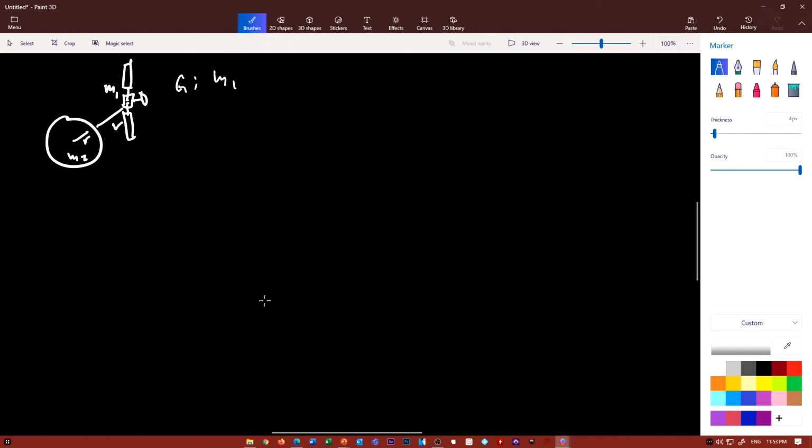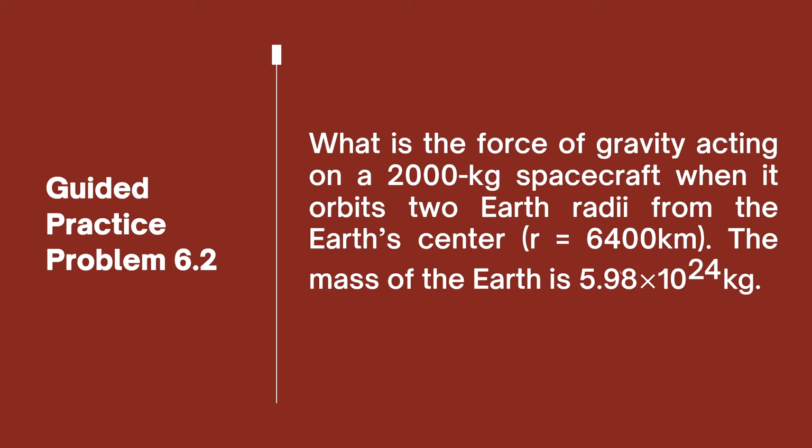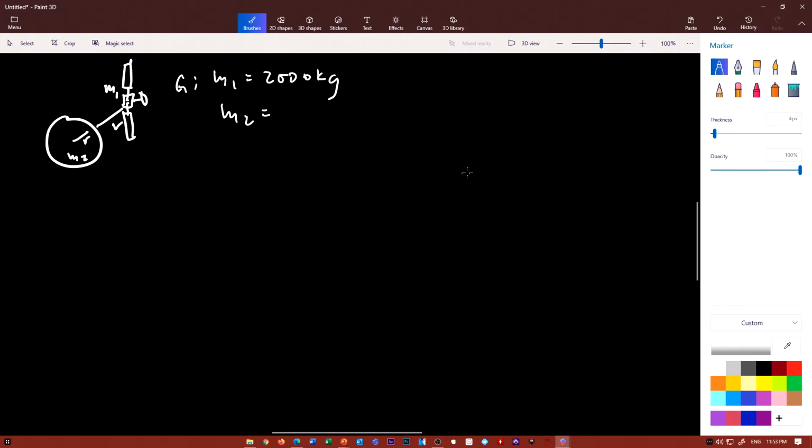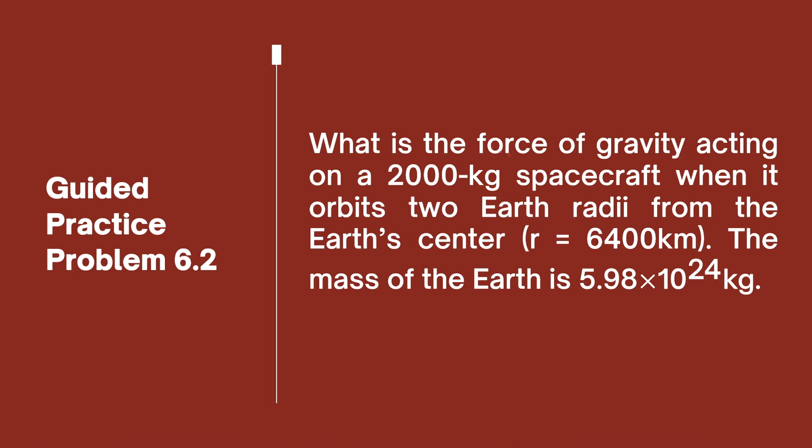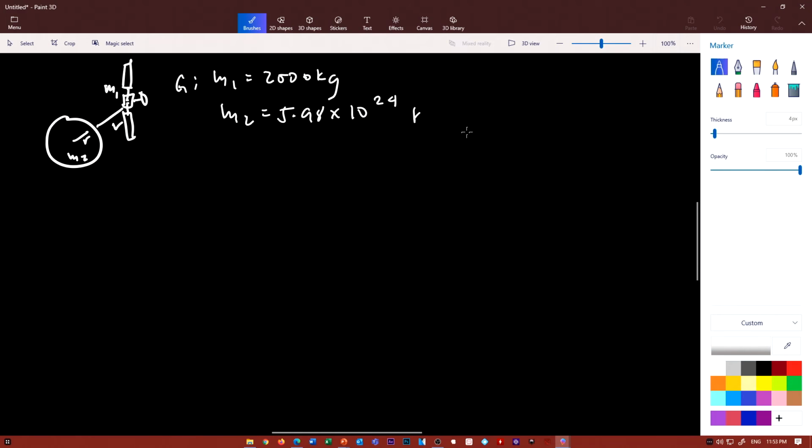So we have mass 1, which is 2000 kilograms, and mass 2, which is, what's the mass of the Earth? So heavy, right? So massive, I mean 5.98 times 10 raised to 24. Our unit is in kilograms. Then next we have 2 radius.